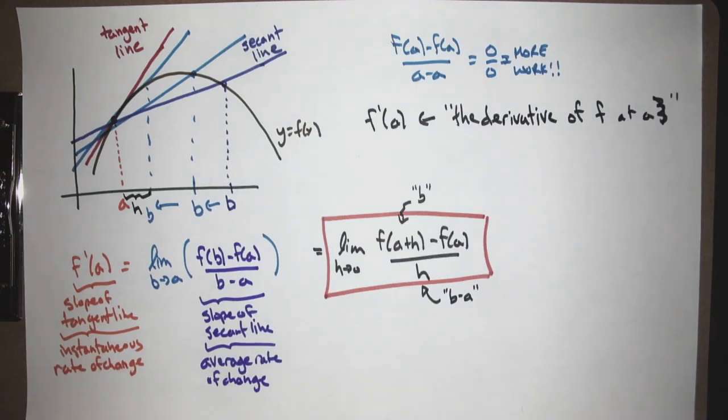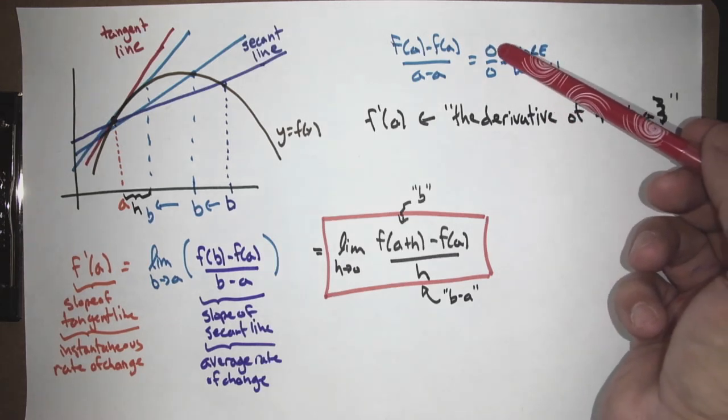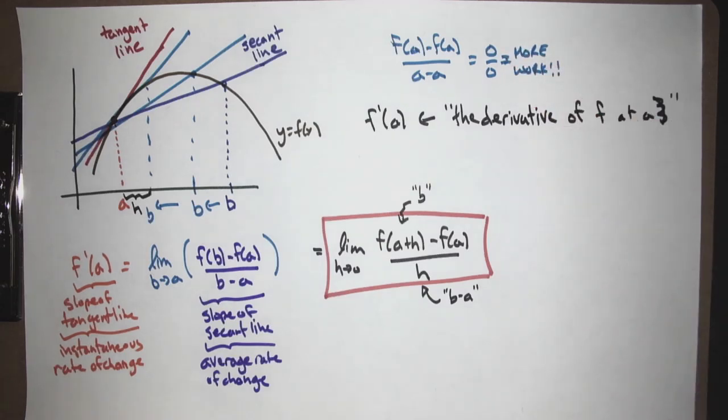Now, you might be saying, why? Aren't they the same? They are the same. They give you the exact same thing. But there's something about the second formula that's helpful. When we come back to this idea, 0 over 0, we talk about more work.